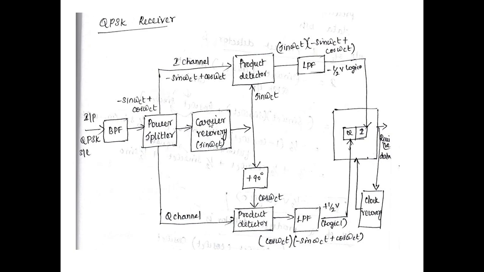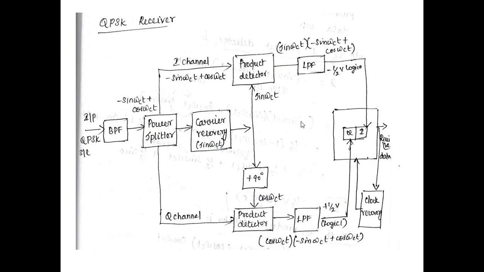So we recover the same from the input and apply it to the upper product detector, multiply it with the input, and we get this multiplication. Similarly, the 90 degree shifted carrier is multiplied, and we get the multiplication of this minus sin with the cos.